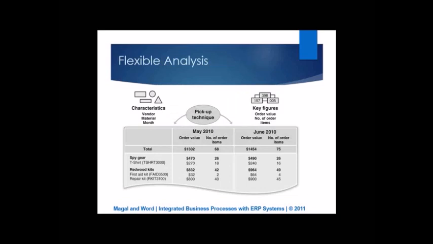With flexible analysis, you can define the content and format of the analysis. And in this slide, you can see users can combine characteristics of the vendor, material, and month with key figures like order values and number of items in the order. So vendor and materials are displayed in the rows, while the month, order value, and number of order items are shown in the columns.